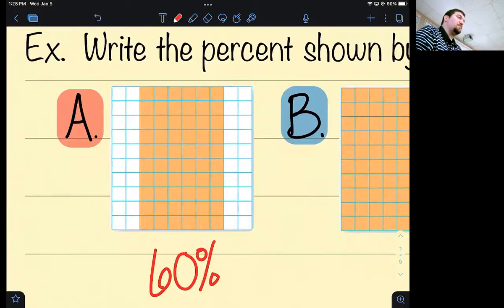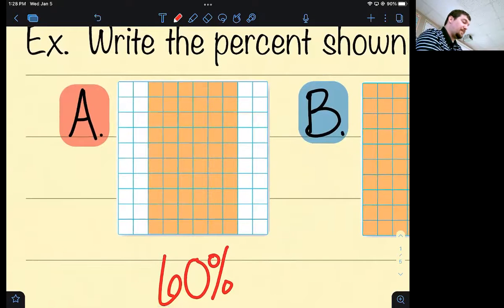I've heard 2 people, and your way is for the most part what I've heard before. I've heard some people say they counted 6 columns, and they knew there were 10 squares in each column. I also had someone tell me, I think this is where Kaylee was starting to go, they counted the empty rows and knew that was 40, and then just took 40 away from 100. So a couple different ways you could get 60.